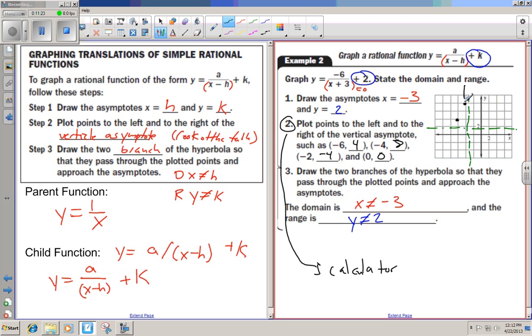So we have a graph that looks like this. Negative 2, negative 4, and 0, 0. Now we have a curve like that. There's your hyperbola.